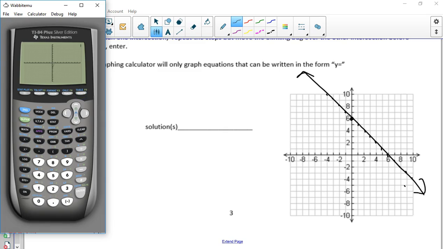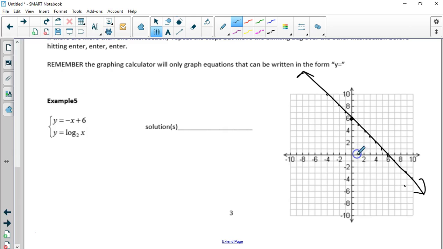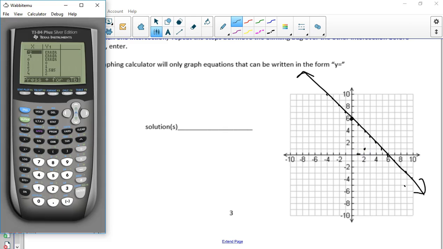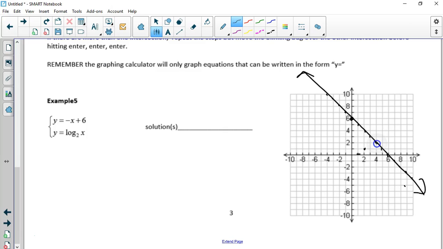We're going to hit graph. So there's our log function right there. We're going to get some points off the calculator. 1, 0, 2, 1. 4, 2. Okay. And we're going to be having it looking something like so.